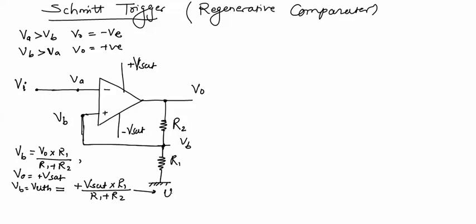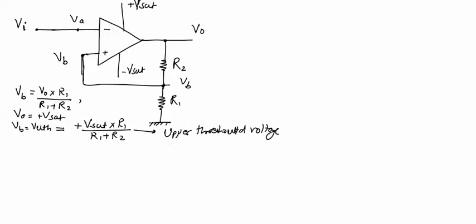This is called the upper threshold voltage. Now if V naught equal to minus Vsat, then VB equal to VLTH, that is the lower threshold voltage, will be equal to minus Vsat into R1 upon R1 plus R2.